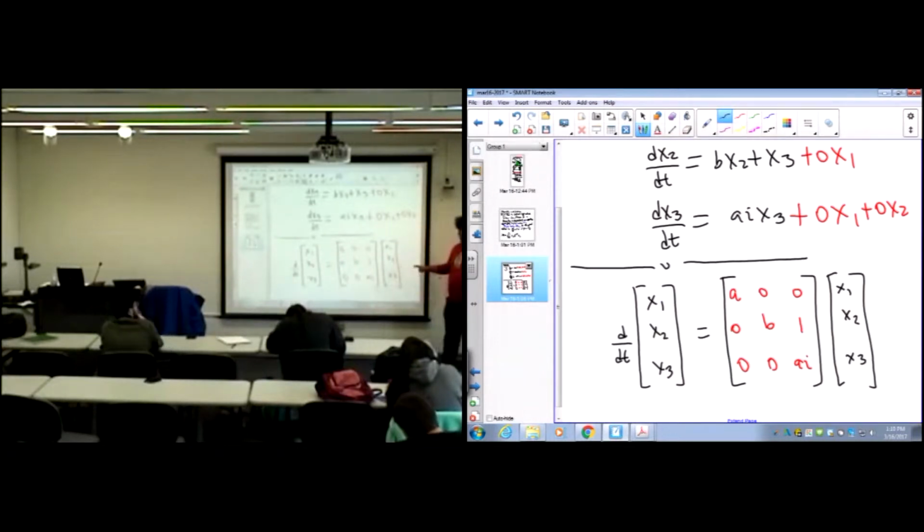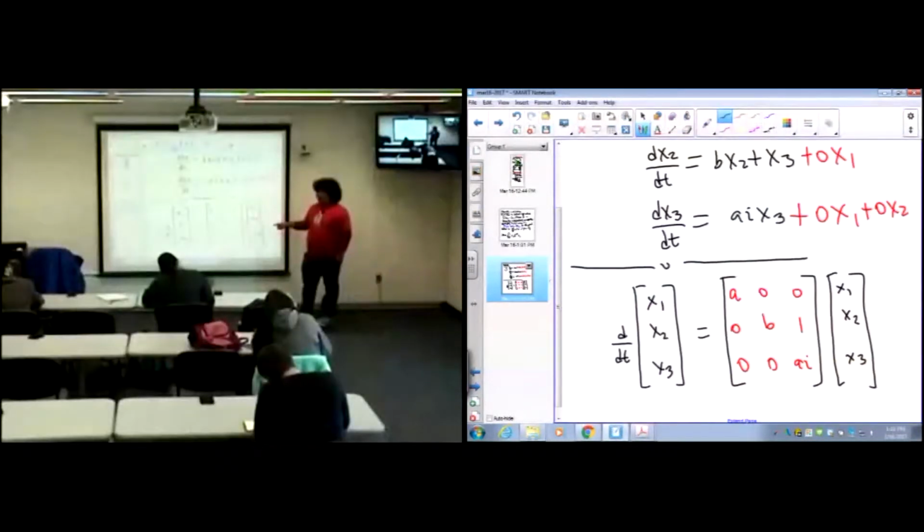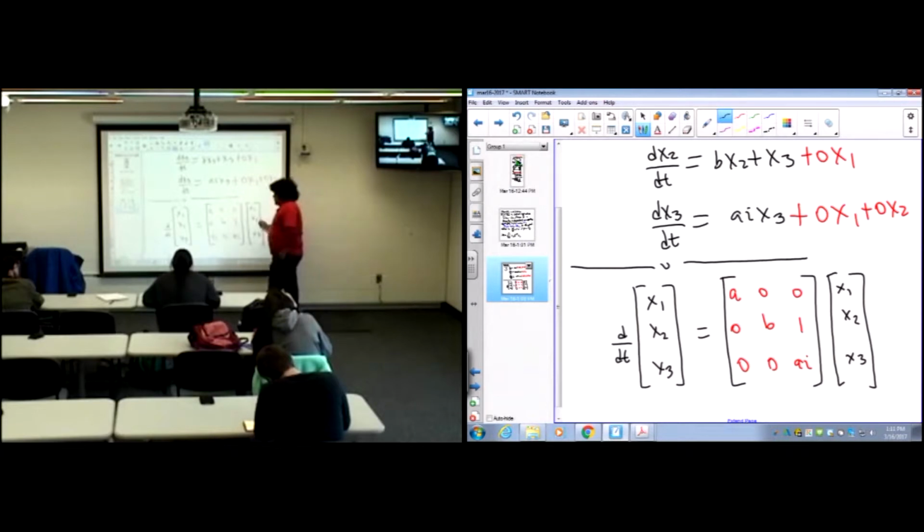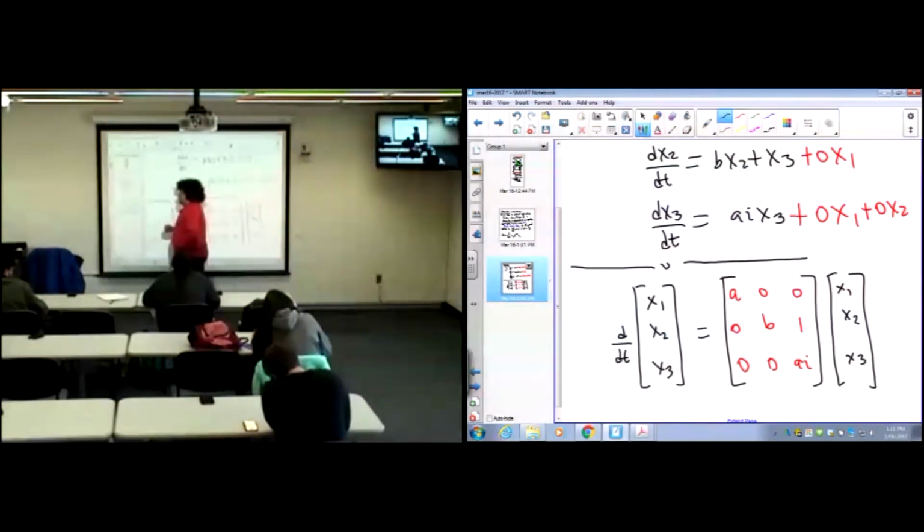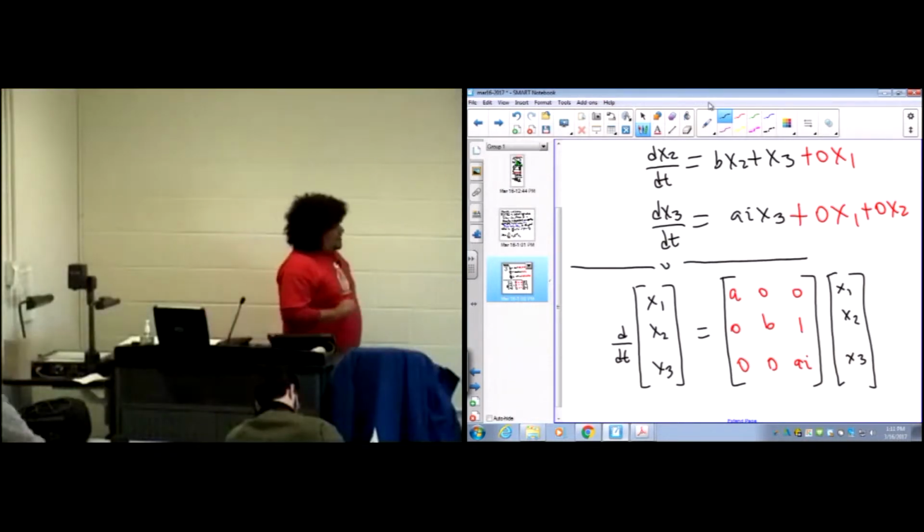What are the eigenvalues of this matrix? A, B, and basically the entries of the diagonal, right? The 1,1 entry, the 2,2 entry, and the 3,3 entry. Those are the eigenvalues.